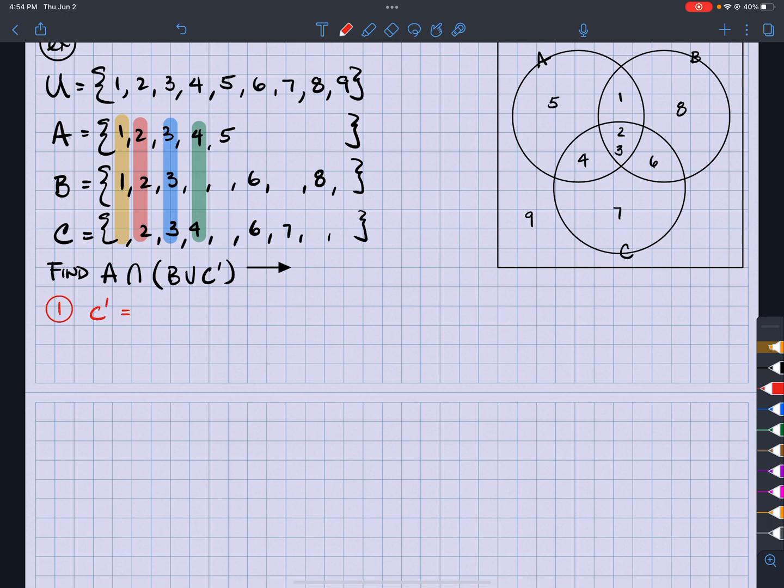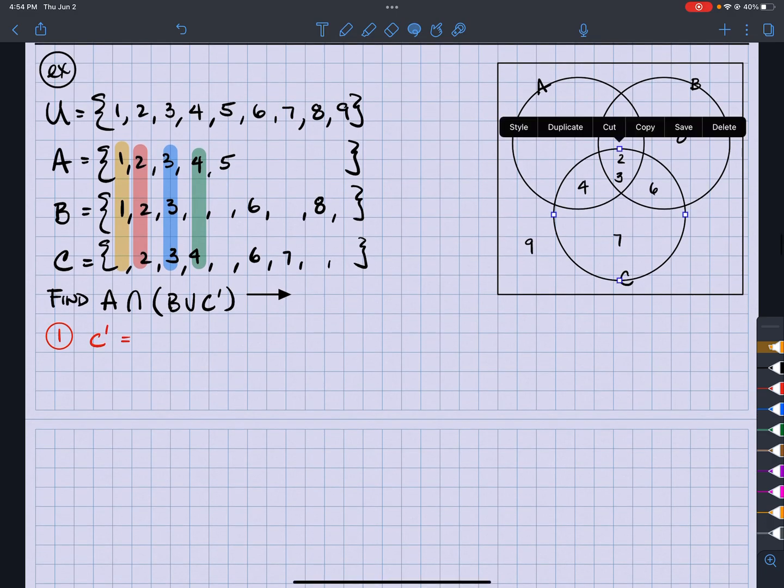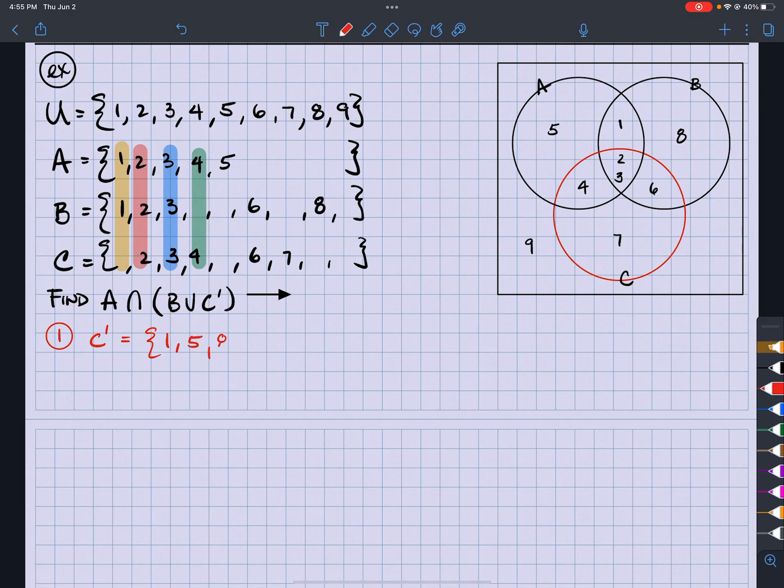Okay, what is not C? So if you look here, what is not in this circle here? What is not in that circle? Because everything in there has a C. So what is not C? That's right. Not C is going to be 1, 5, 8, and 9. Okay? Because those are the only numbers that you see that are not in this particular circle.